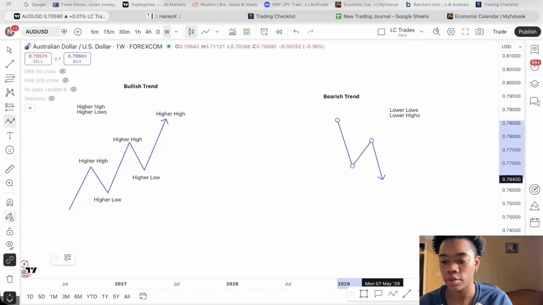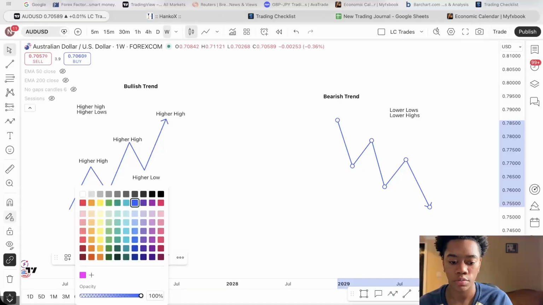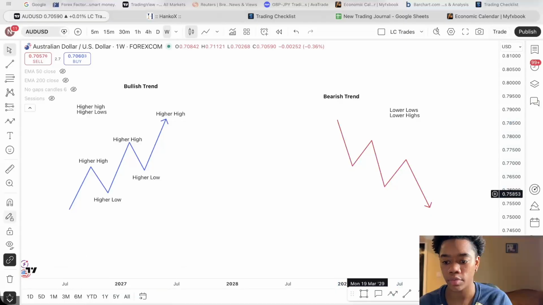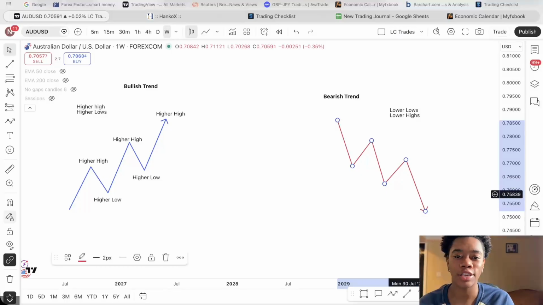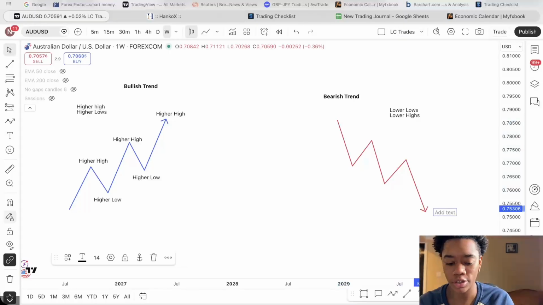Just going to make it red. It looks a little weird, but whatever. I wish I was live so you guys could tell me exactly how I'm about to mark this up. But it's the same thing as the bullish trend.